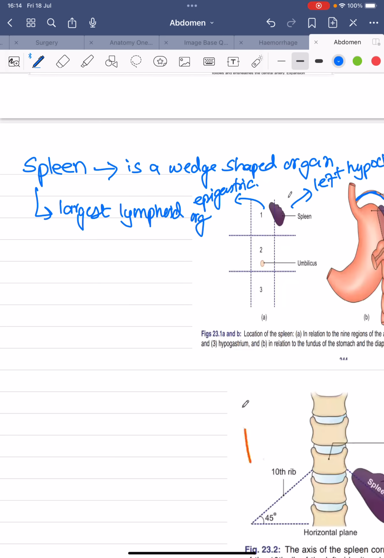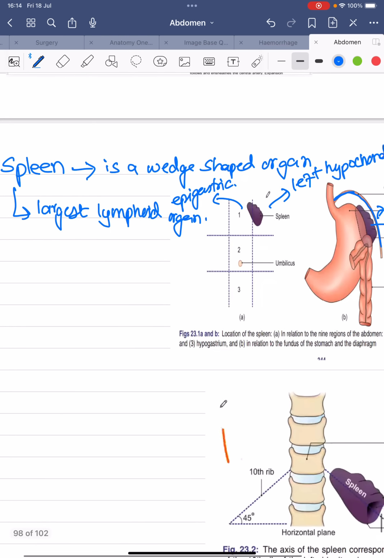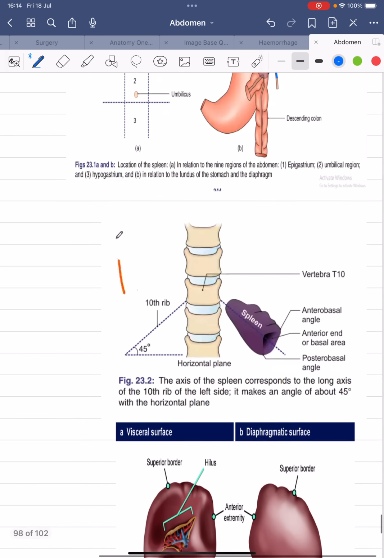Please remember, the spleen lies in relation to the 10th rib, as you can see in this diagram.